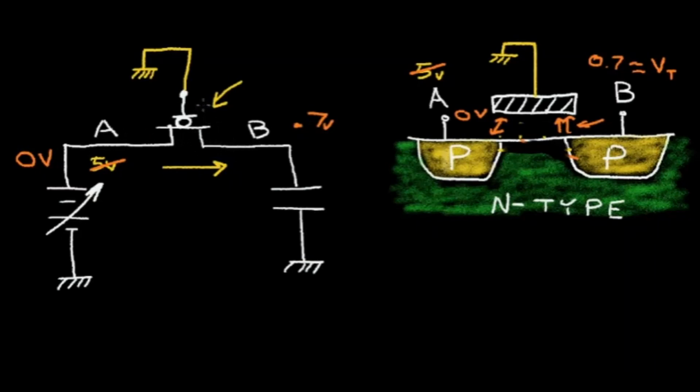So again, the transfer voltage has been degraded by the threshold voltage of the PMOS transistor. So although the PMOS transistor transfers a high voltage very well, it does not transfer a low voltage very well.